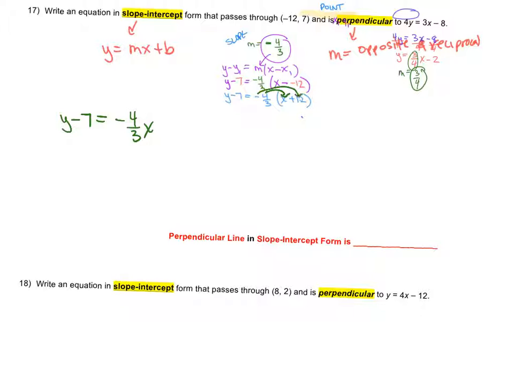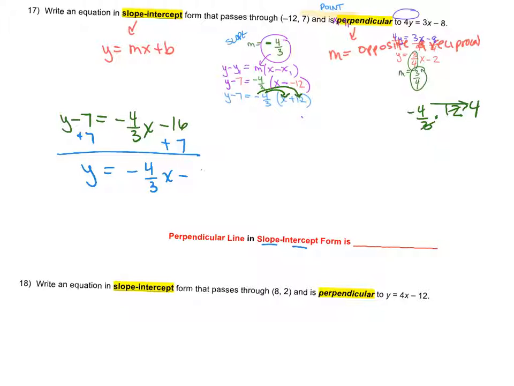Negative 4/3 times 12, you guys have calculators now, but 3 goes into 12 4 times, negative 4 times 4 is negative 16. Now what do I do? Add 7, because I want it in slope-intercept, and you get y equals negative 4/3 x minus 9.